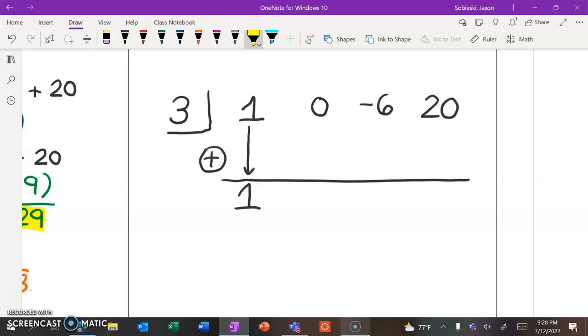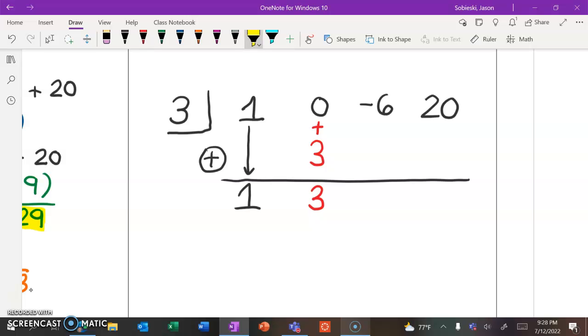Now we're going to need to use multiplication and addition. We multiply 3 times 1, which gives us 3, and that's going to go in the next spot. By including the plus sign, we remember that we're adding here. So 0 plus 3 will give us an answer of 3.